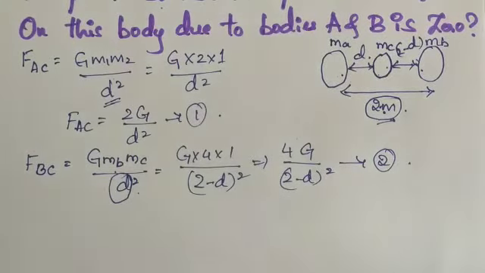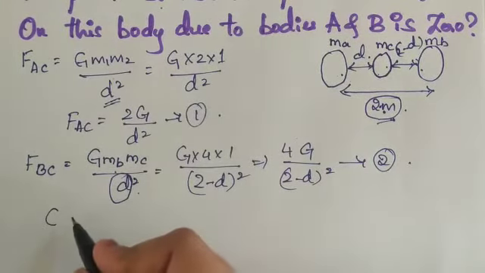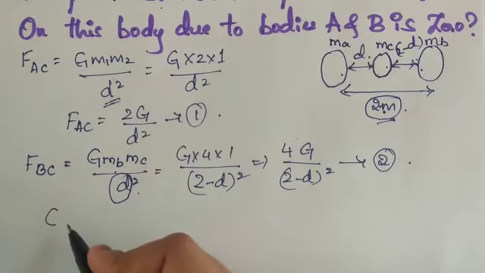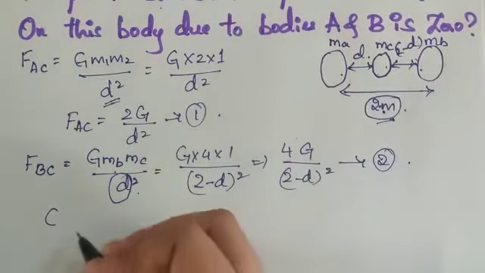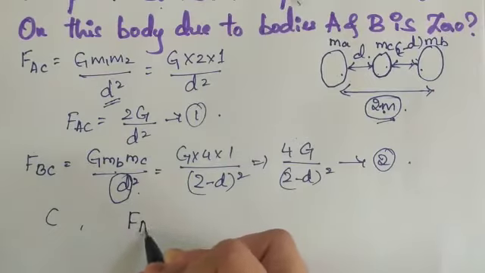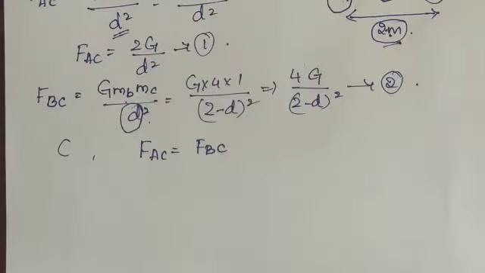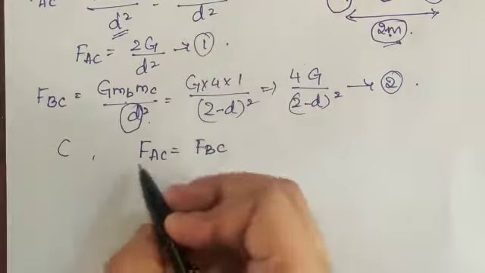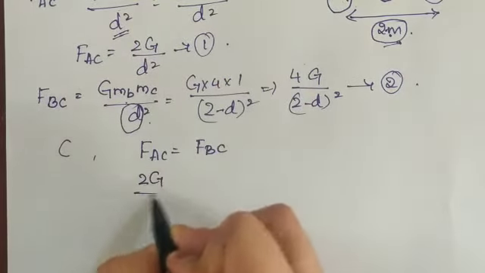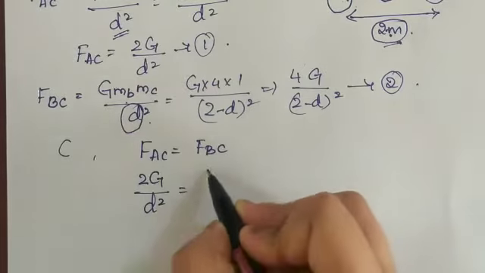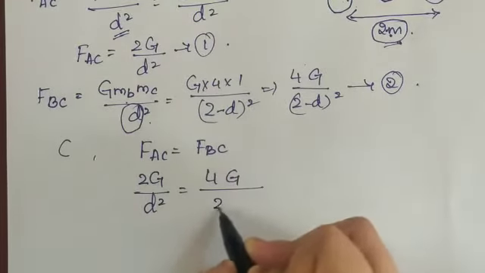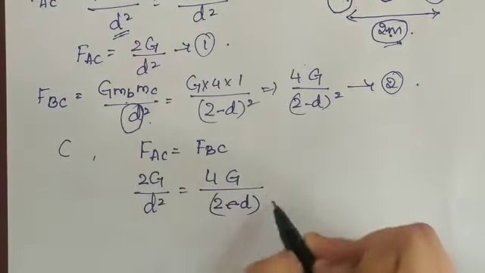Now since the gravitational force between A and B is 0, F_AC is equal to F_BC. Let me substitute: 2G divided by d square is equal to 4G divided by 2 minus d whole square.